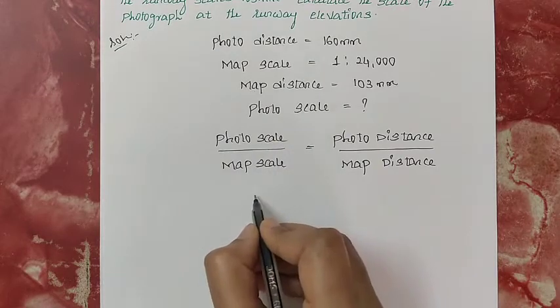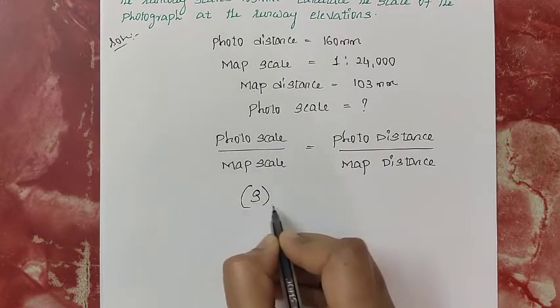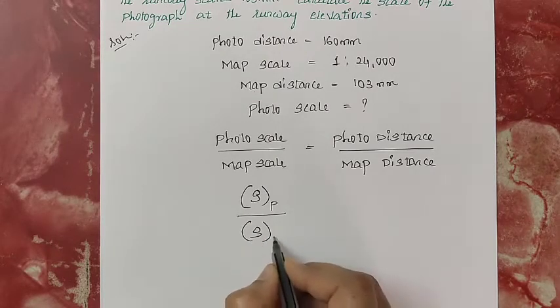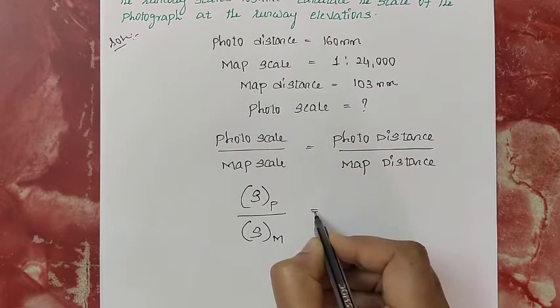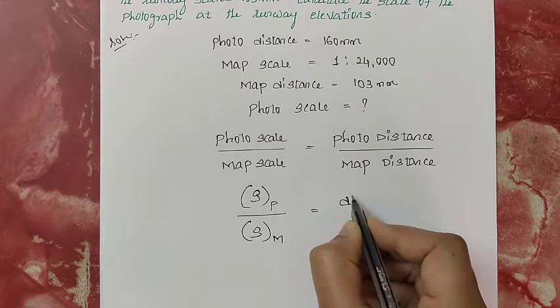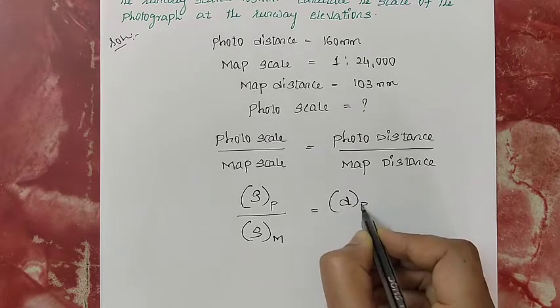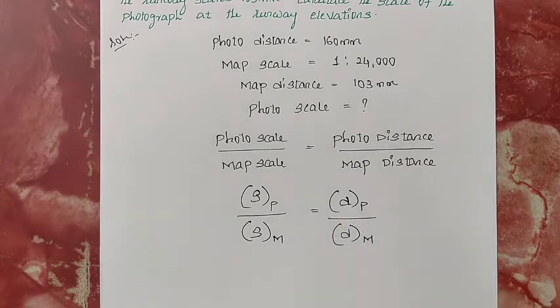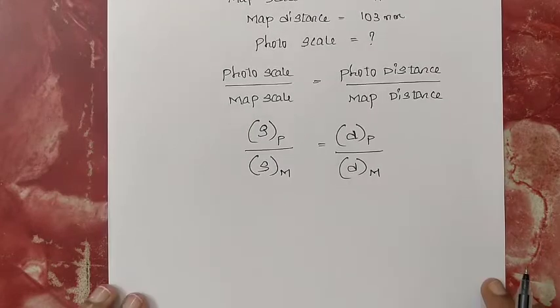Photo scale I am going to represent by SP, the map scale I am going to denote by SM, the photo distance I will denote by P, and the map distance I am going to denote by M. Since you want the photo scale, I am going to interchange that.